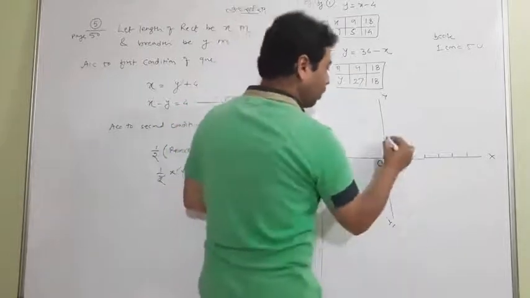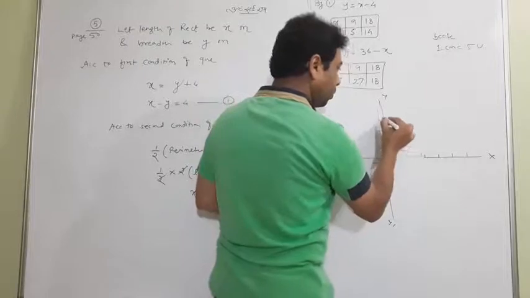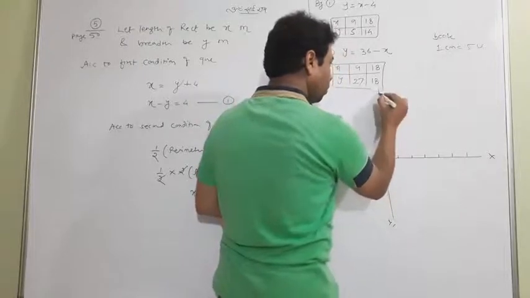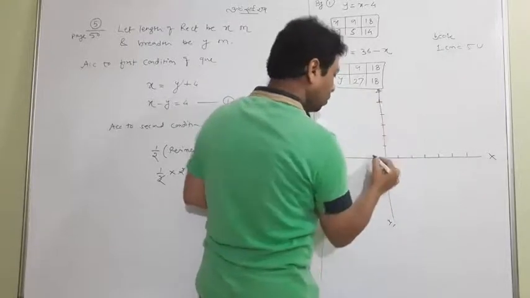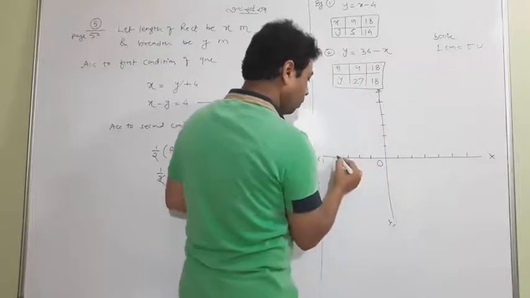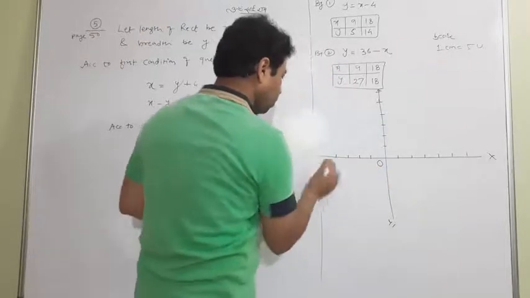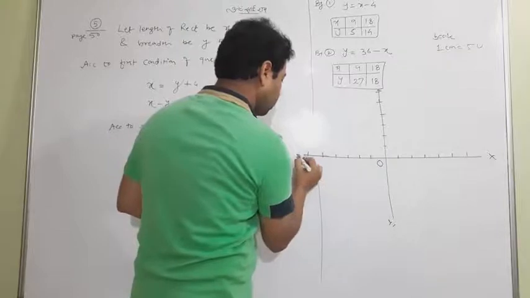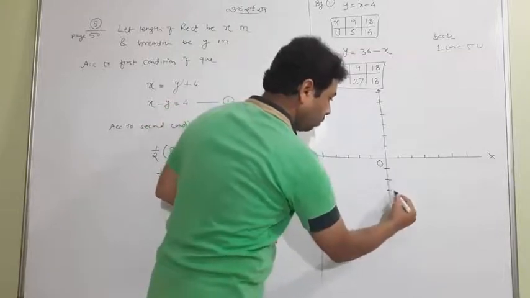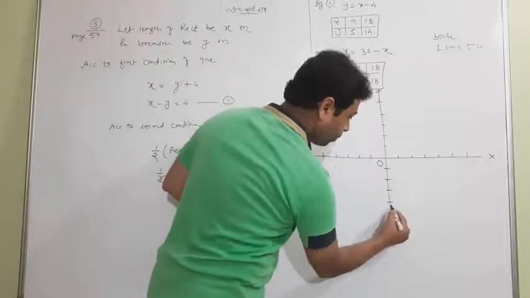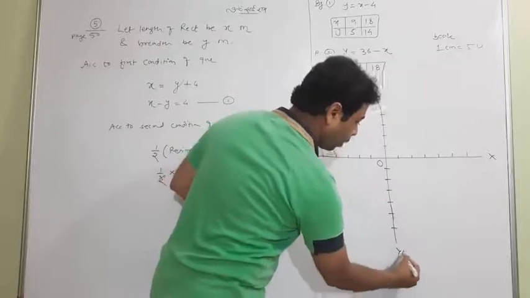It's good enough. Now 1, 2, 3, 4, 5, 6, on each axis.